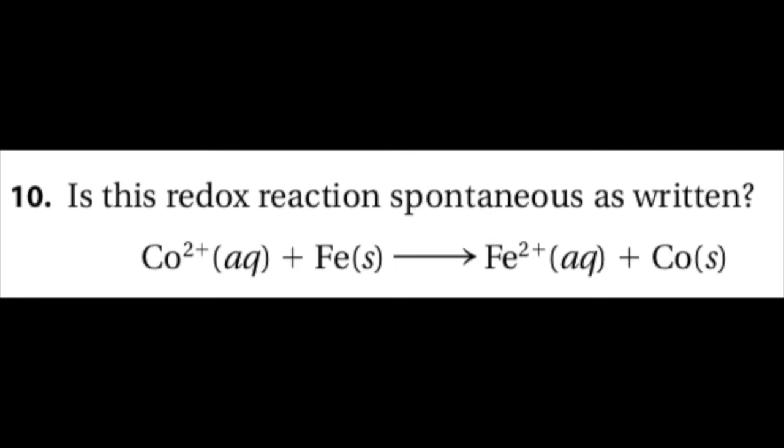So you have two reduction reactions. The cobalt plus 2 to cobalt and the iron plus 2 to iron. Remembering that the iron to iron plus 2 is actually oxidation, and the cobalt plus 2 to cobalt is the reduction. Now let's look up the values and see what we can see.